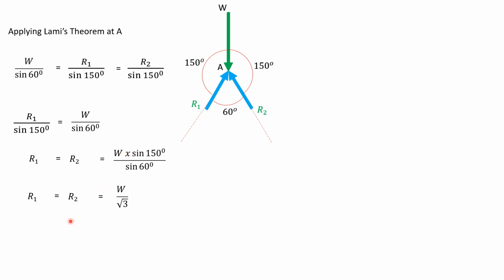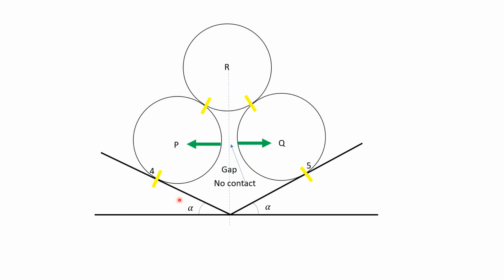We get R1 equal to R2 equal to W by root 3. So at no contact there will be a gap, and this force will be 0 and this force will be 0.